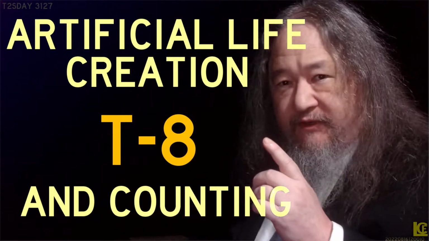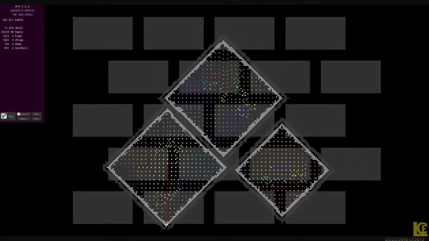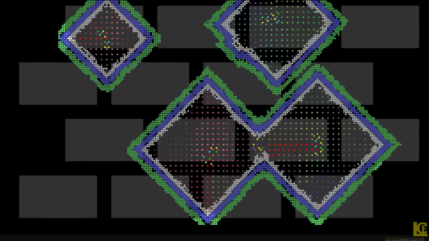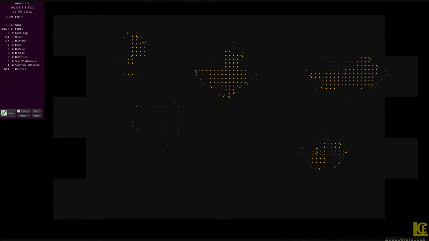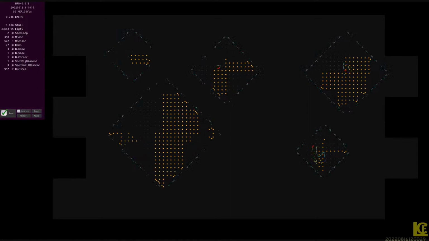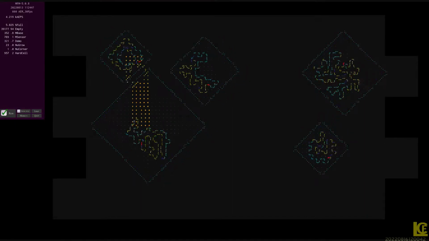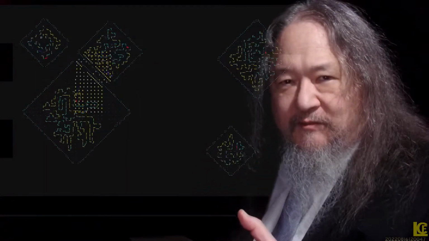Let's start with this. This is our cell wall, our cell membrane starting to work.